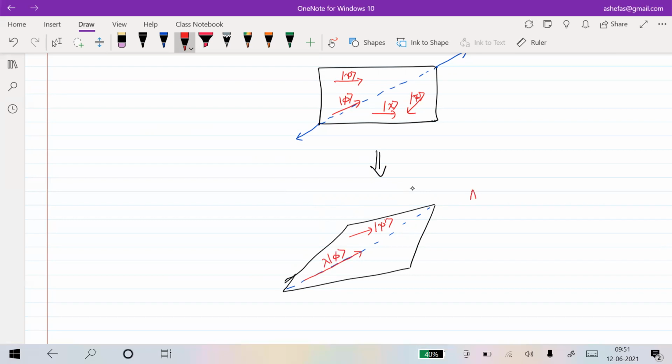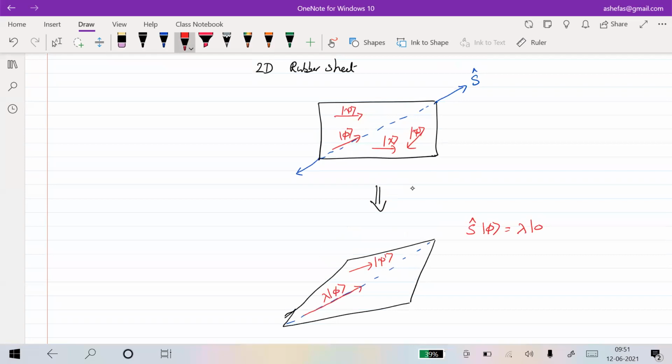Therefore, the action of the operator, which I would denote by the symbol S, for stretching, on the vector phi gives lambda times the vector phi. Whereas the operator S on vector psi gives another vector, psi prime.